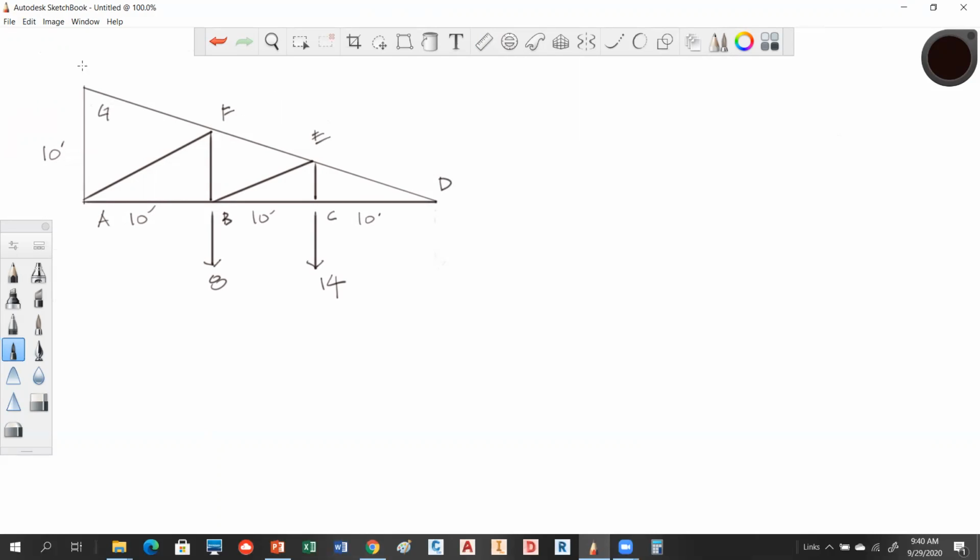Okay, so what do you think is going on with this pin? Well, we got a vertical component, right, and a horizontal. One like this. And one like this.